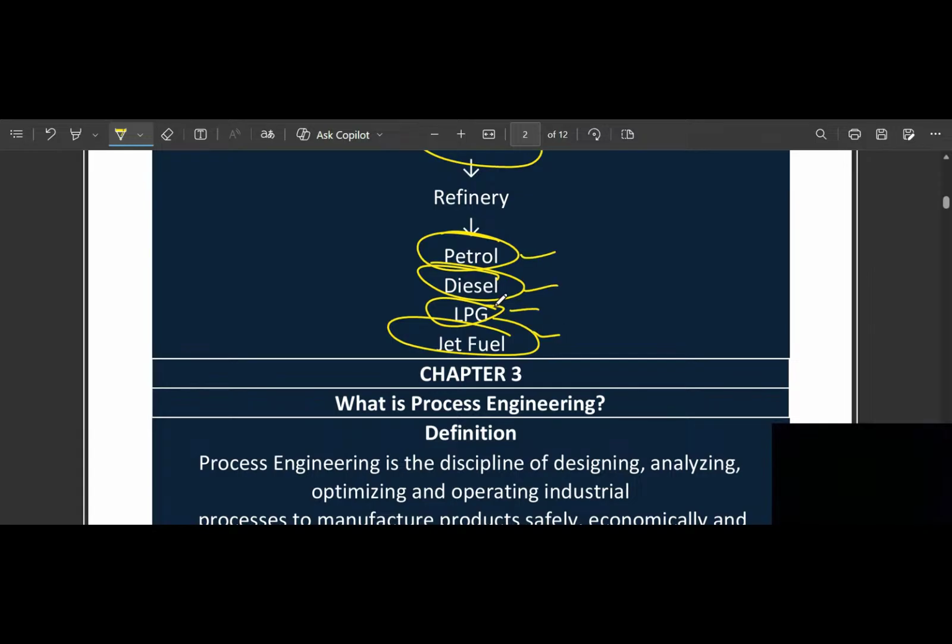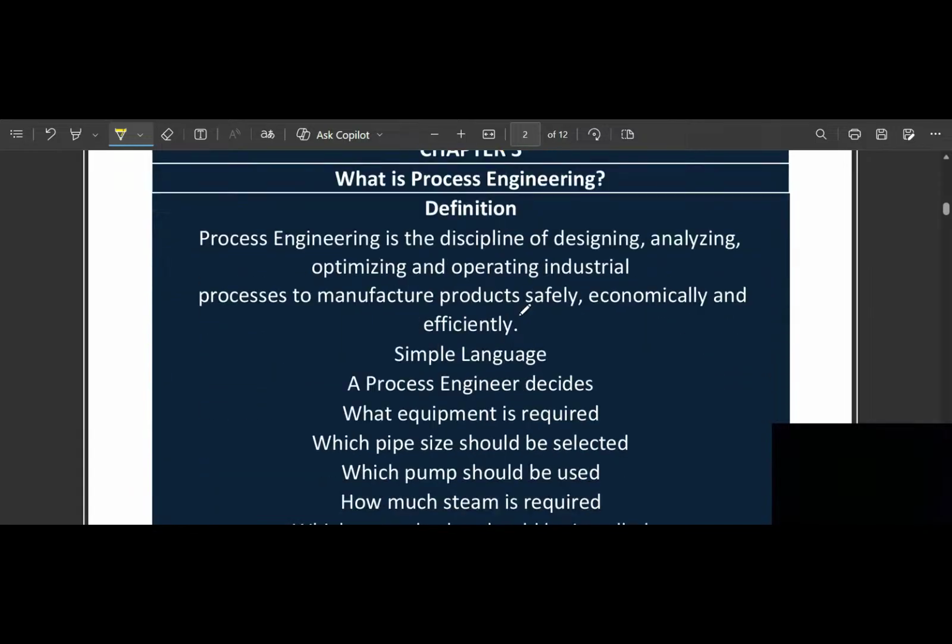Based on the application of equipment, we can get petrol, diesel, LPG, jet fuel. So what is process engineering? We all are here for process design engineering. There are multiple responsibilities as a chemical engineer, like production engineer, maintenance engineer, operation engineer, then process engineer.